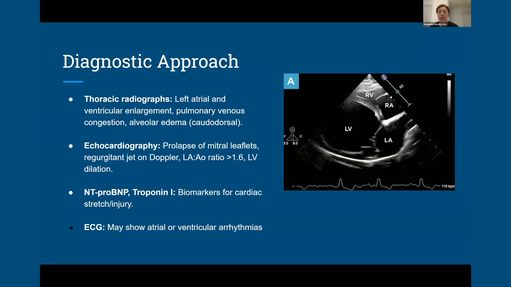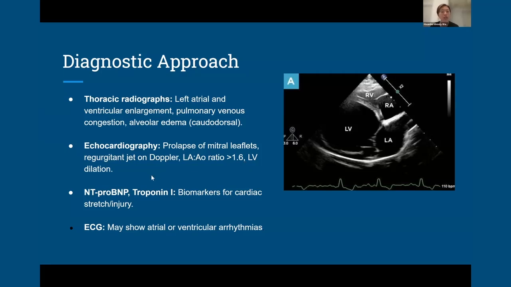So as you can see here, the left atrium and the left ventricle are very enlarged, and you can see the prolapsed mitral valve leaflets right here, and there's regurgitation on the Doppler. So this is definitely the gold standard of diagnostics.